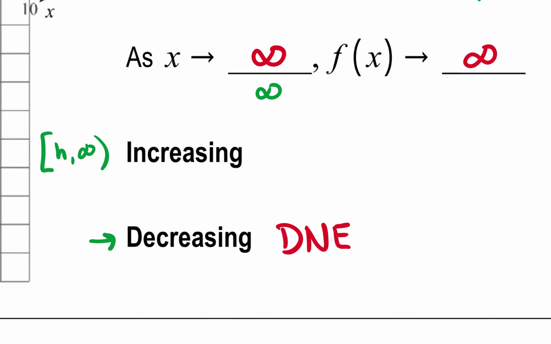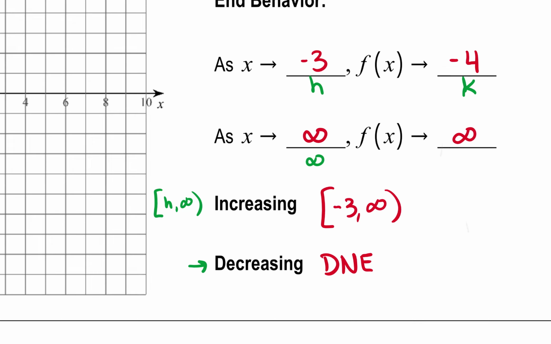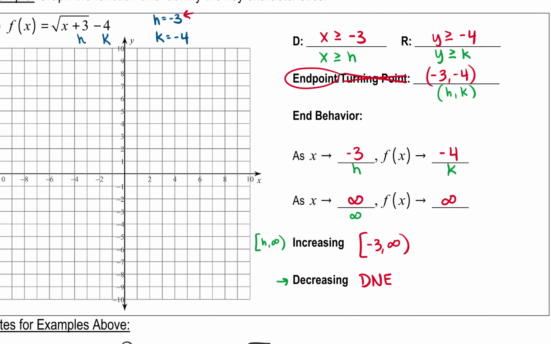So of course, since we already have h, I'm going to write bracket. My h is -3, and then infinity. Okay, so that's what your answers should all look like. And again, the green, minus that arrow right there, all the green parts don't ever change.